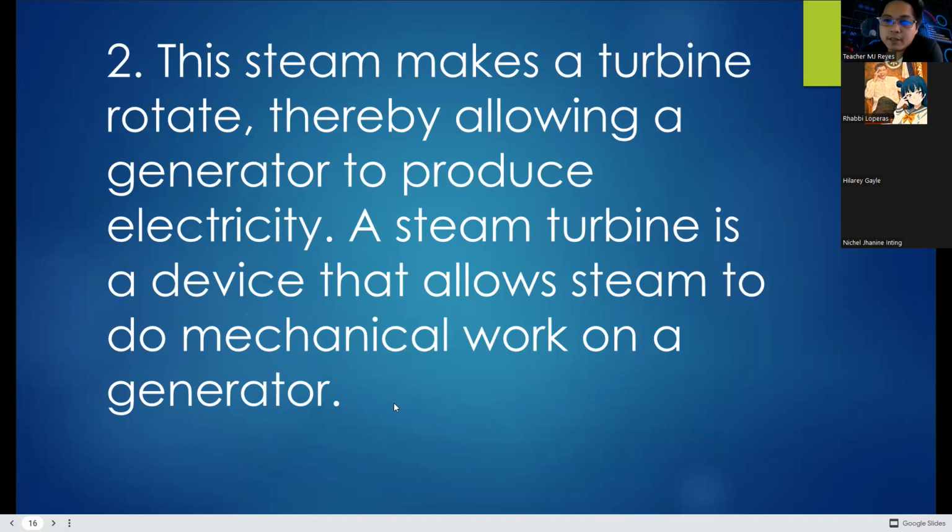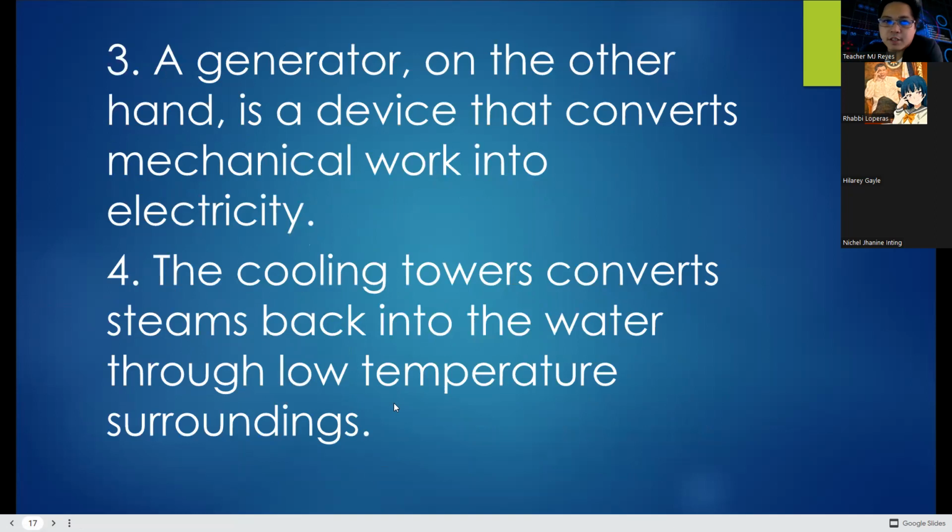The steam turbine is a device that allows steam to do mechanical work on a generator. A generator, on the other hand, is a device that converts mechanical work into electricity. The cooling tower converts steam back into water at the low temperature surroundings. So again, you let it cool and return it to the ground.